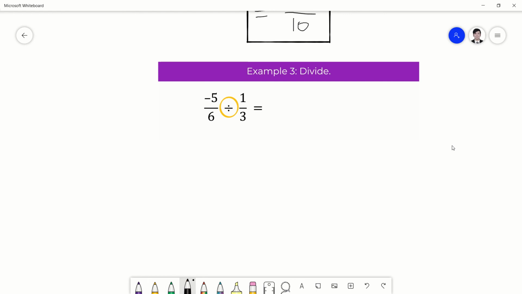So for this one, we copy negative 5/6, we change division to multiplication, and we get the reciprocal of 1/3. When we say reciprocal, we are just interchanging the numerator and denominator. So instead of 1/3, that will become 3/1 or simply 3.